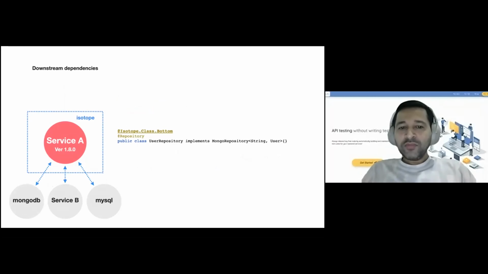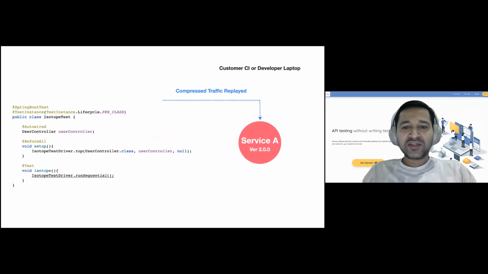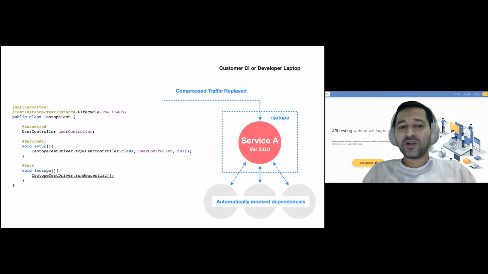Now that we've observed what's coming into the service and what's going out of the service, how do we use that knowledge to run tests? This is what a test would look like for Isotope. What this test is doing is basically saying that the Isotope test driver targets the user controller class.